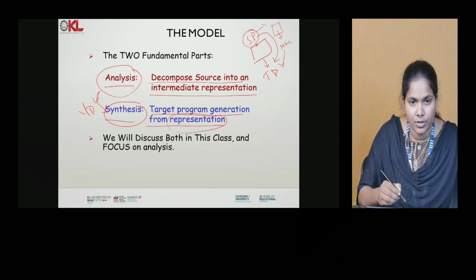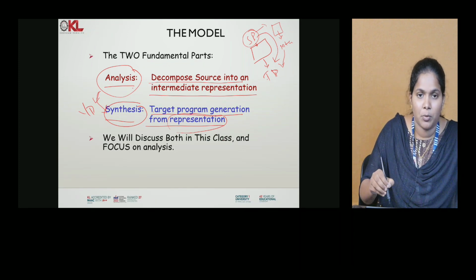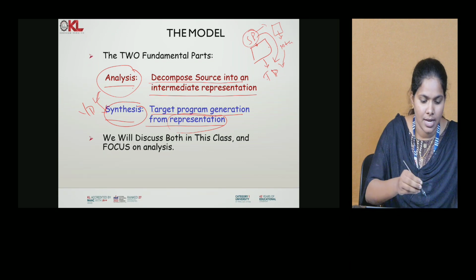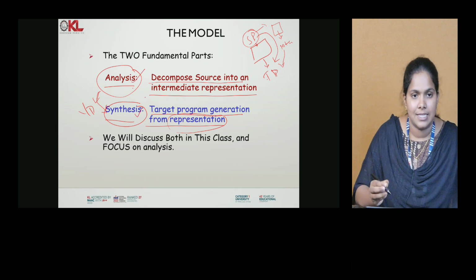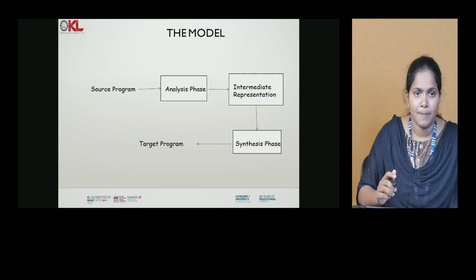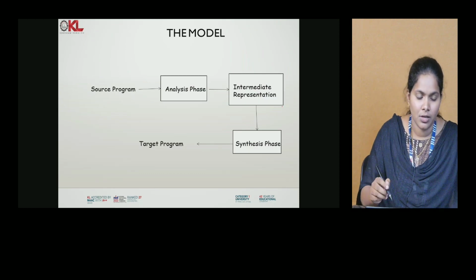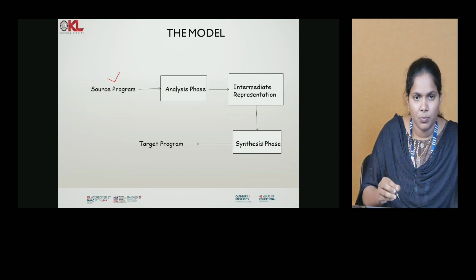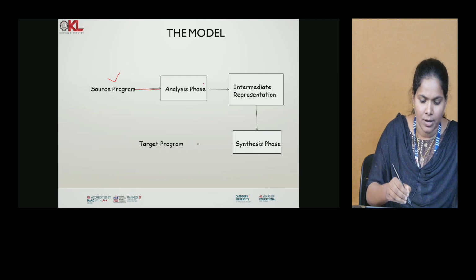We will see what things are included here, but the entire process is divided into two phases: the analysis phase and the synthesis phase. We will discuss both in this class. So this is the entire model. I am taking the source program as input and giving it to the analysis phase, which is the first phase.